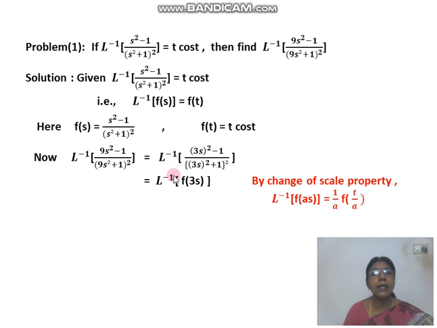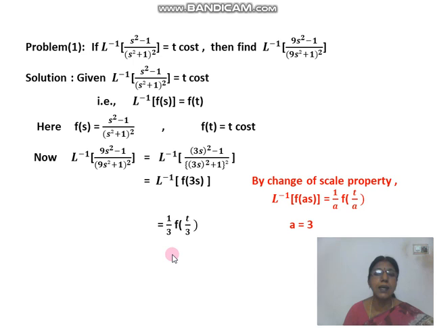Now it can be written as L inverse f of 3s. What is the change of scale property? L inverse f of as is equal to 1/a f of t by a. Here a is 3, so L inverse f of 3s is 1/3 f of t by 3, since a is equal to 3. We write f of t by 3 here. What is f of t? t cos t. Wherever t is there in f of t, we write t by 3, so f of t by 3 means t by 3 cos t by 3.